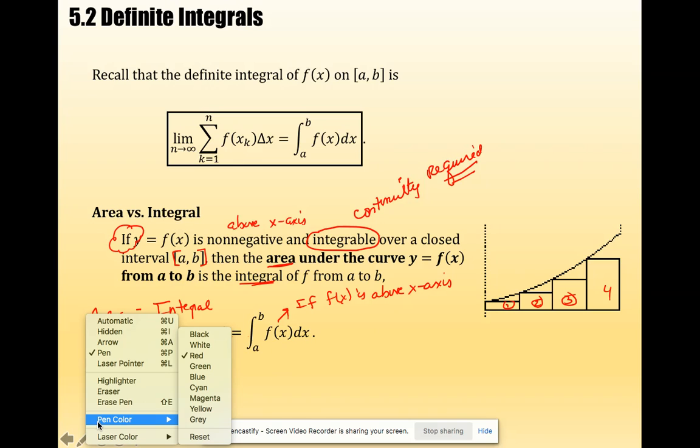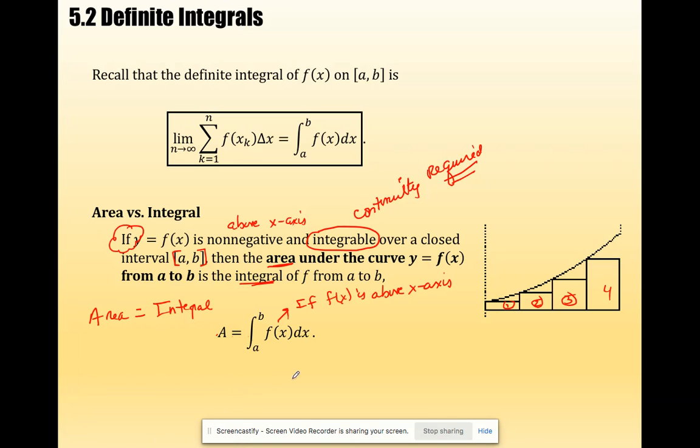Remember, the integral is really a Riemann sum. It's an infinite Riemann sum because you're adding an infinite amount of rectangles. But when your function is above the x-axis, you are multiplying positive function values, right? This function value is positive, positive, positive, positive.